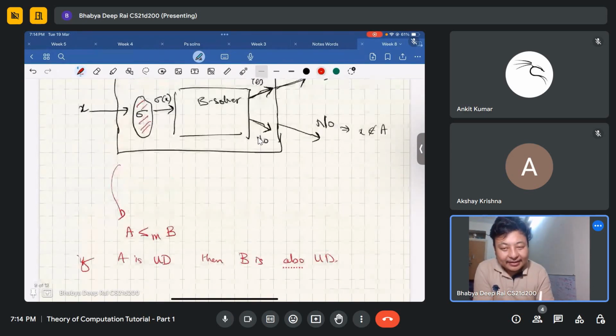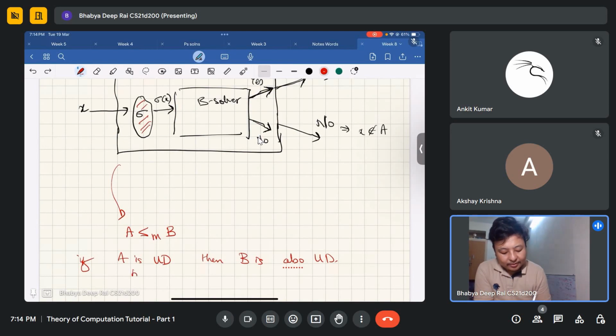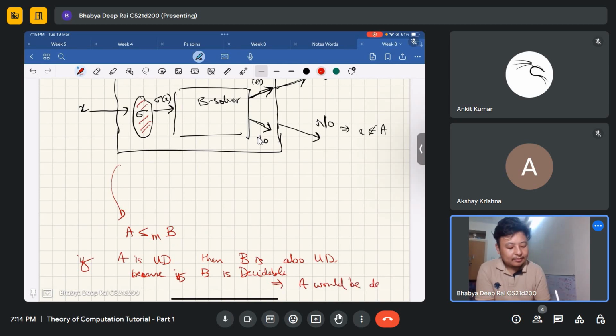Because I clearly said if there is an algorithm that solves B, then there will be an algorithm that solves A. So if B is decidable, then A would be decidable. But we assume that A is undecidable. So that cannot be true. So it should be the case that if A is undecidable, then B is also undecidable.